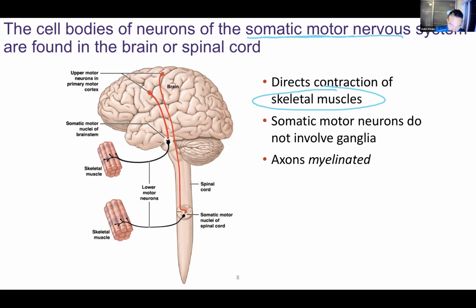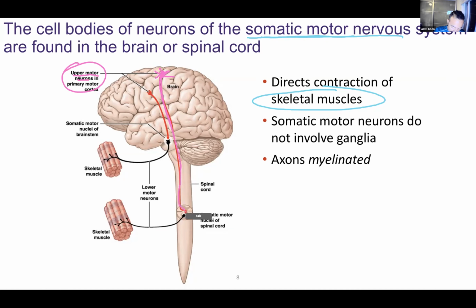Let me draw the first neuron in pink, our upper motor neuron. Starting in the brain, it's going to be multipolar. Let's say we're controlling a muscle in our arm or leg, so far past our neck. So the axon is going to continue down the spinal cord.